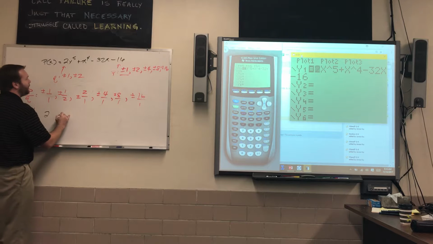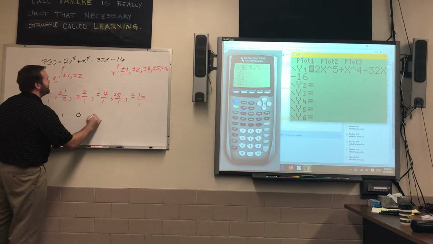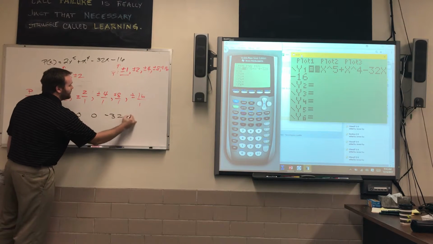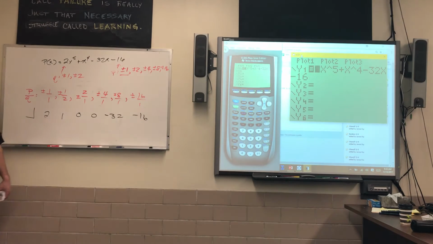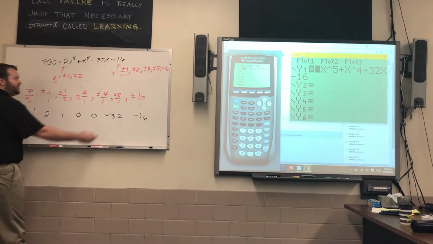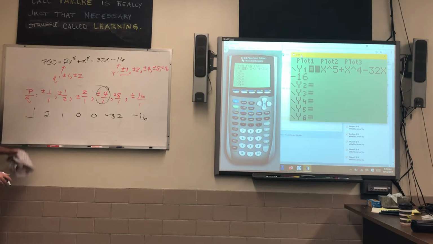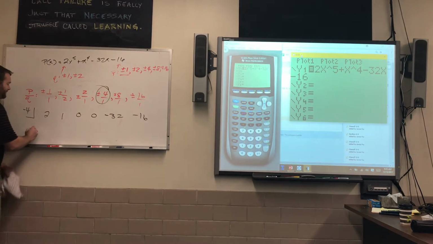I got 2, I got 1, 0, 0, -32, and -16, right? You gotta have those placeholders. When we do the synthetic division, I don't know which values to choose, which P over Q to put in that box first. Our calculator is going to help us decide that here in a little bit, but let's just say I chose to look at -4. So I put -4 in here.